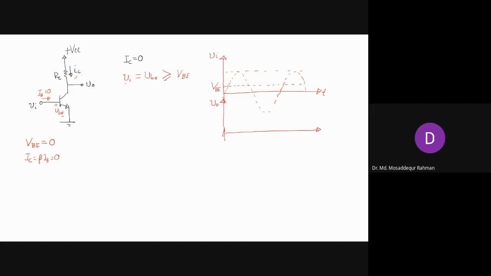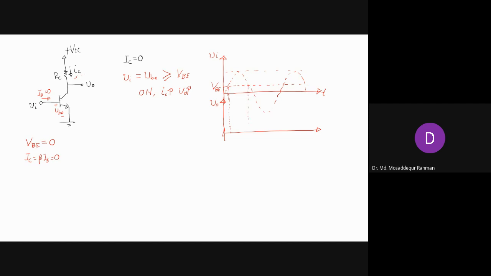So the transistor is on, and IC will flow, and V naught will increase. So V naught will remain 0 until the input voltage VI reaches the forward bias base to emitter voltage.